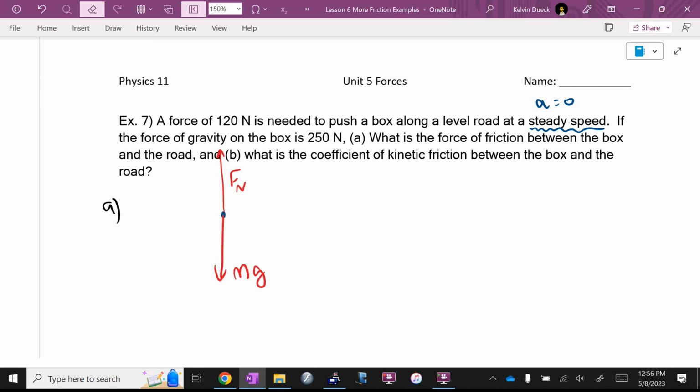Which way? When in doubt, have stuff moving to the right, because that way all of our pictures look the same. So let's put friction pointing to the left. What else? In fact, how big is F applied exactly as a number? It's 120. Am I going to draw F applied bigger, smaller, or the same size as friction?